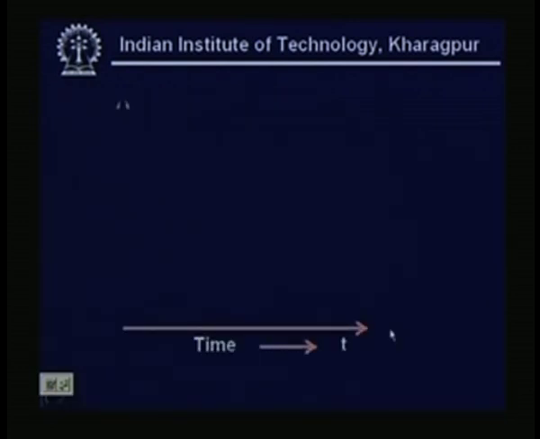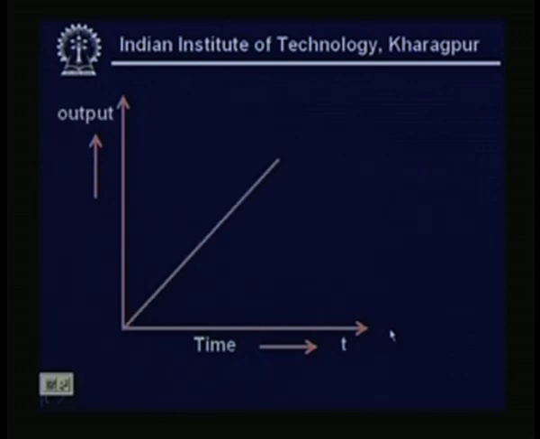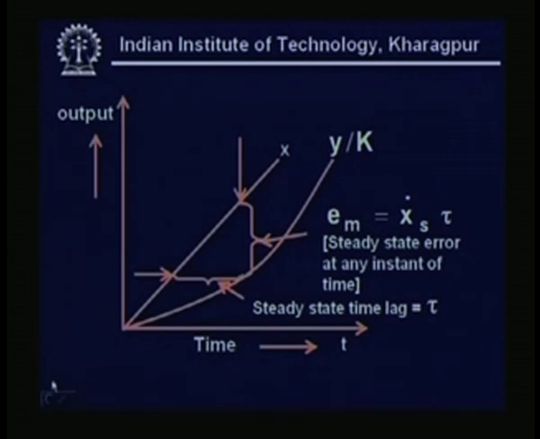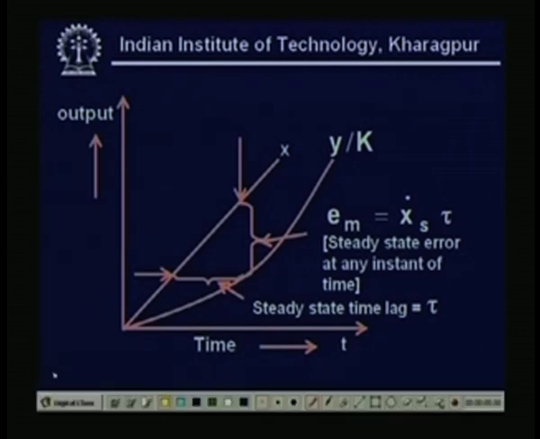You see, if I plot it, it will look like this. On the x axis we have plotted time, and this is my input, which is equal to x_s dot into t, and this is y by k, the output.